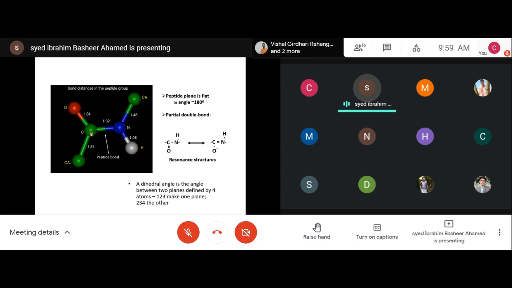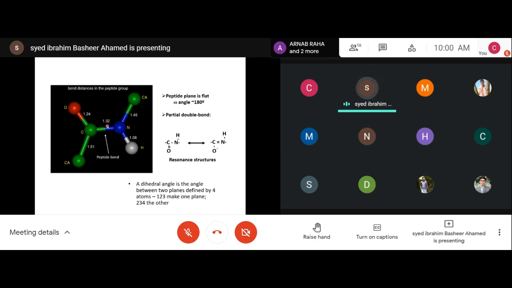Whereas if you note this, C prime and N, it is 1.32 angstrom unit. So this distance does not belong to a double bond or a single bond. 1.32 is not a distance belonging to C single bond N or C double bond N. It is in between.